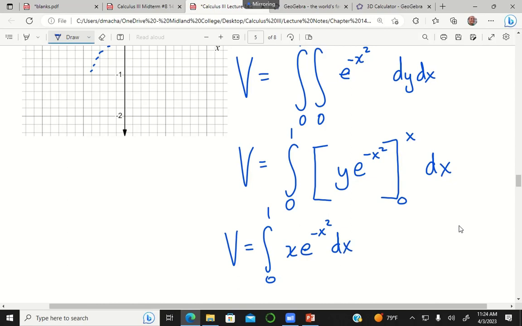And what strategy should I use now to take the antiderivative of x e to the negative x squared? U-sub, yeah. So I'll say that u is equal to x squared, which means that du is equal to 2x dx.